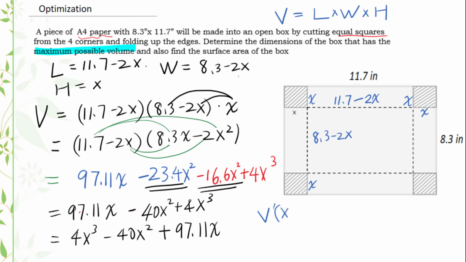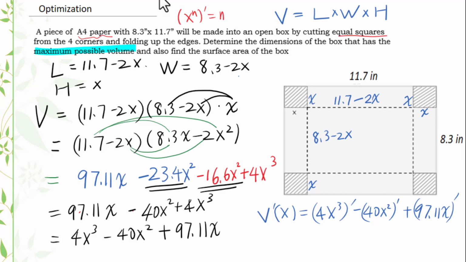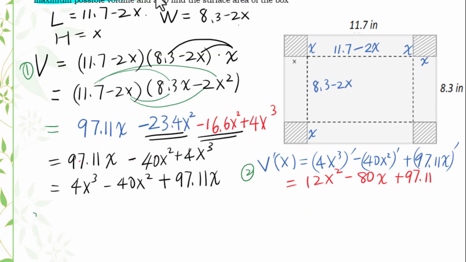V prime of x equals 4x to the third power prime minus 40x squared prime plus 97.11x prime. The power rule of derivative: x to the nth power prime equals n times x to the n minus 1th power. 12x squared minus 80x plus 97.11.